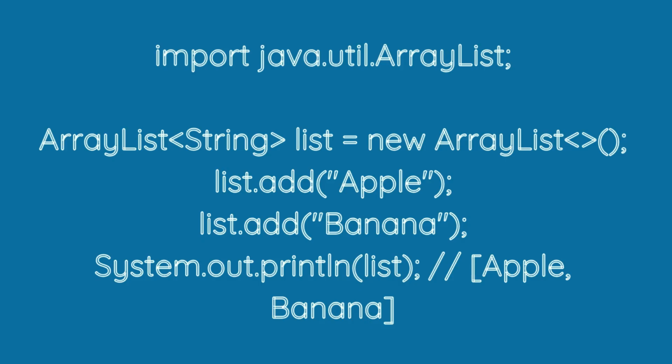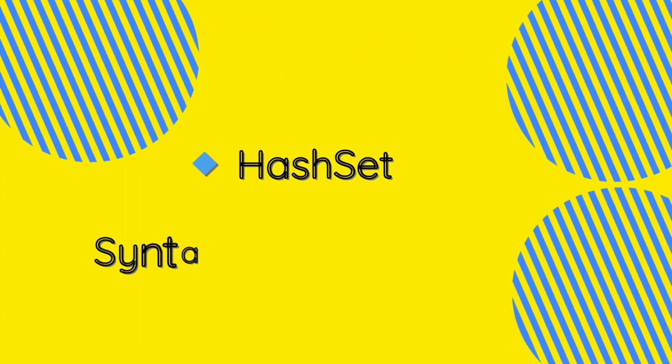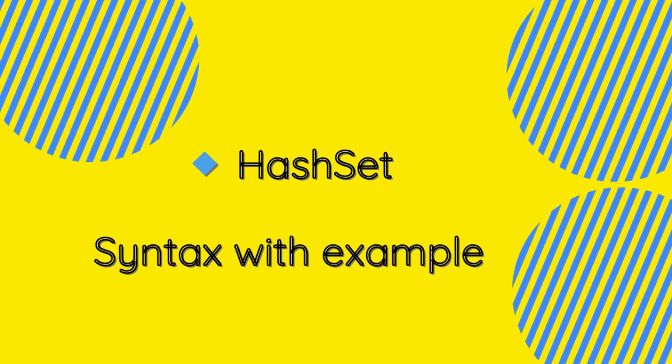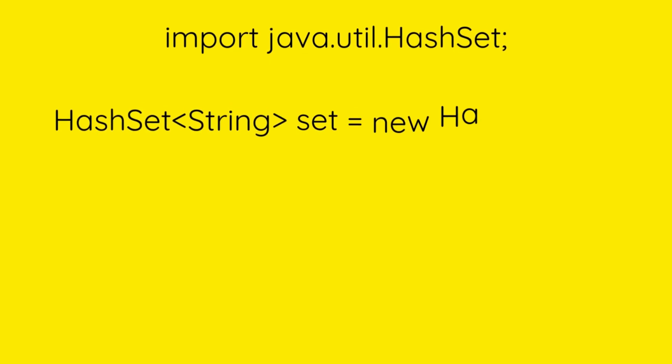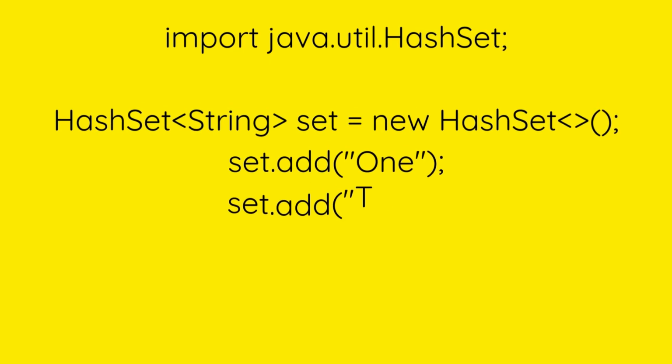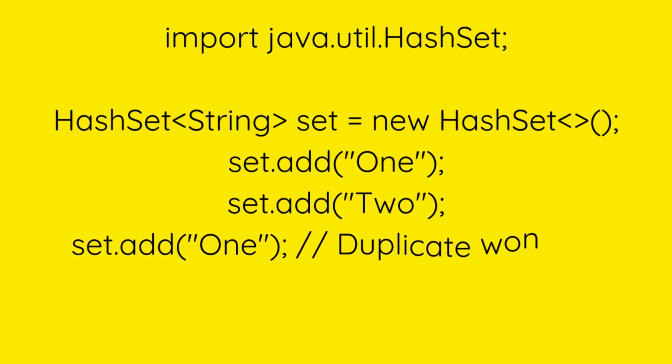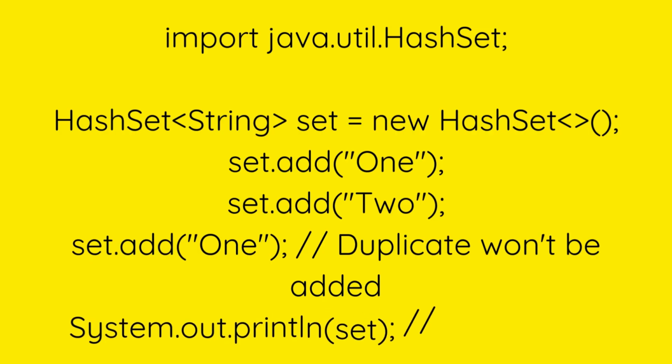Let's talk about the second common class called HashSet and see how it works with the syntax and an example. Here we start with the usual import java.util.HashSet, HashSet<String> set = new HashSet, and here the user tries to add one and two to the set.